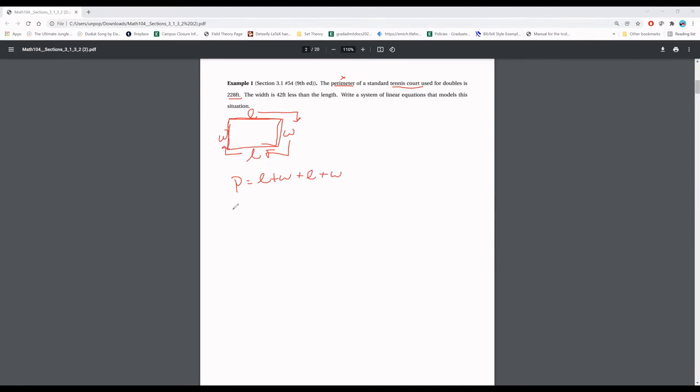So if we didn't remember that the formula of a perimeter is 2 times the length plus 2 times the width, as long as we remember what perimeter means, we can always derive that formula. What were we given? We were given that this value is 228 feet. So we know 228 is equal to 2 times the length plus 2 times the width.